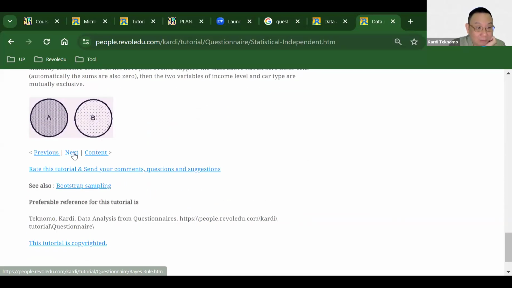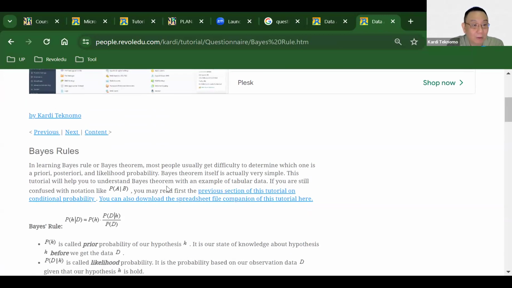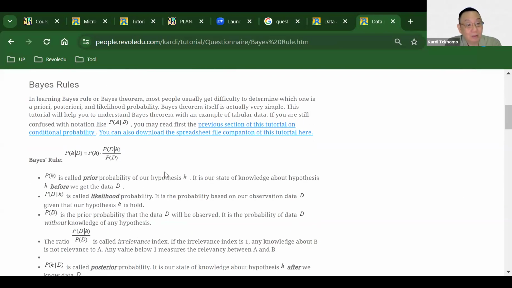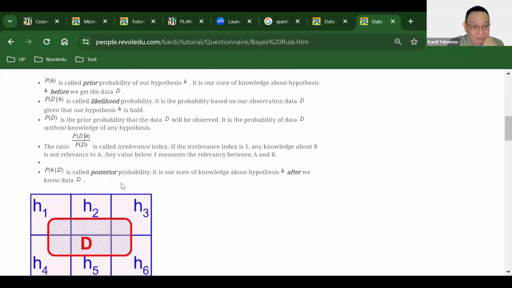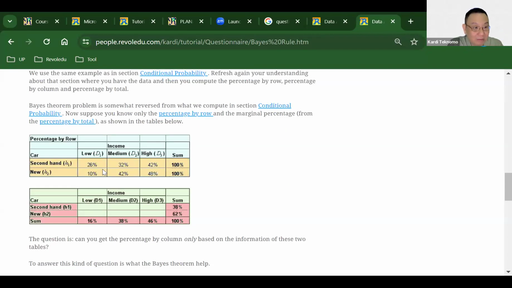Now, the next one is called Bayes theorem or Bayes rule. Now, if you know the prior and one of the conditional probabilities, then you can get the other conditional probability. So that simple formula is called Bayes rule. So now the same thing as above.